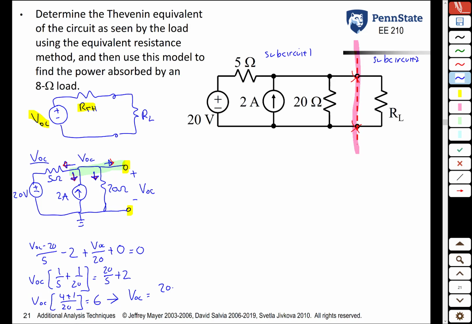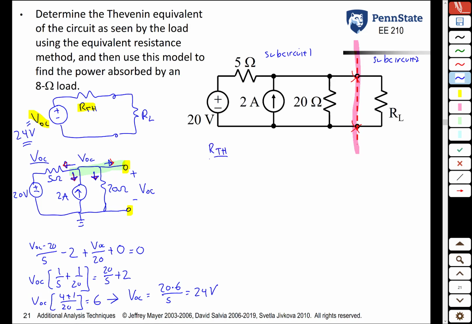VOC is 20 times 6 over 5, or 24 volts. So we've done the first half of our model. We found VOC. Now we want to find R Thevenin.